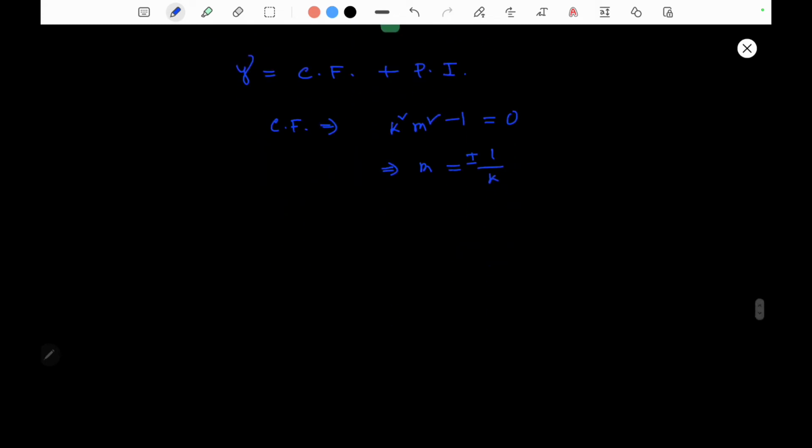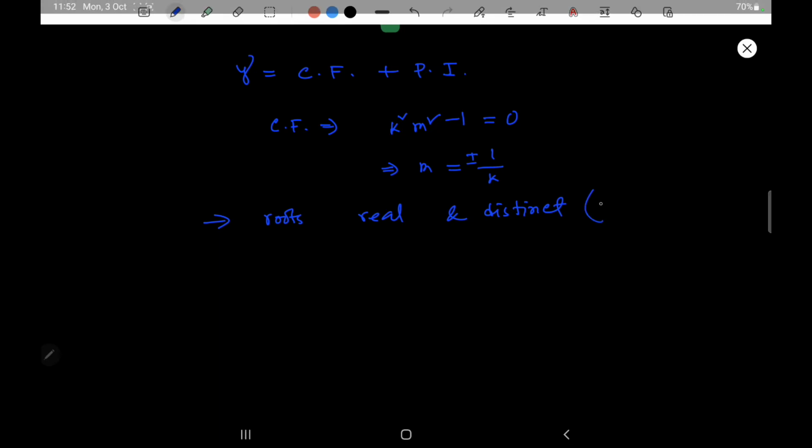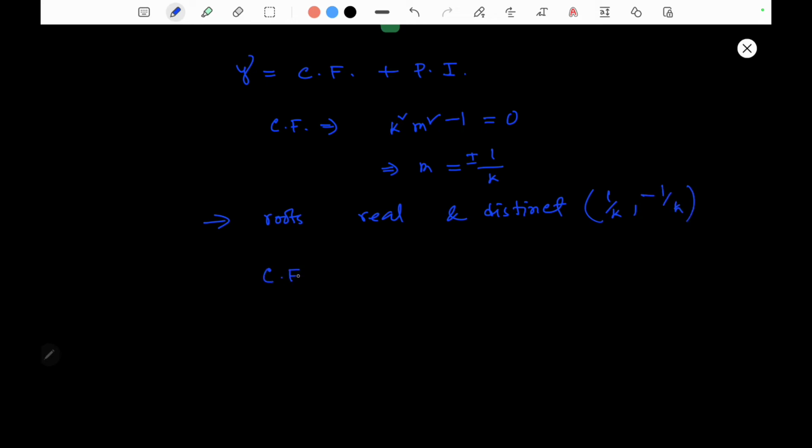Here we can see that the roots are real and distinct, like 1 by k and minus 1 by k. So the complementary function will be c1 e to the power m1 x plus c2 e to the power m2 x.